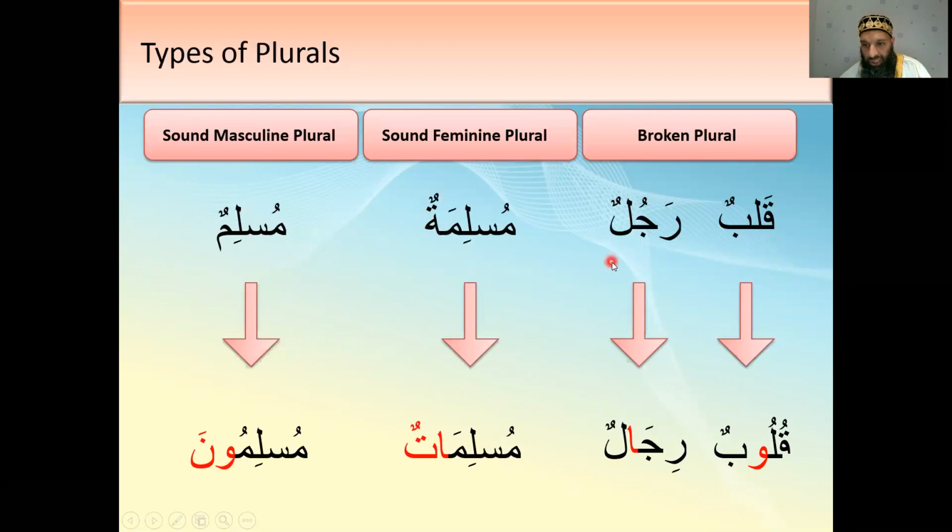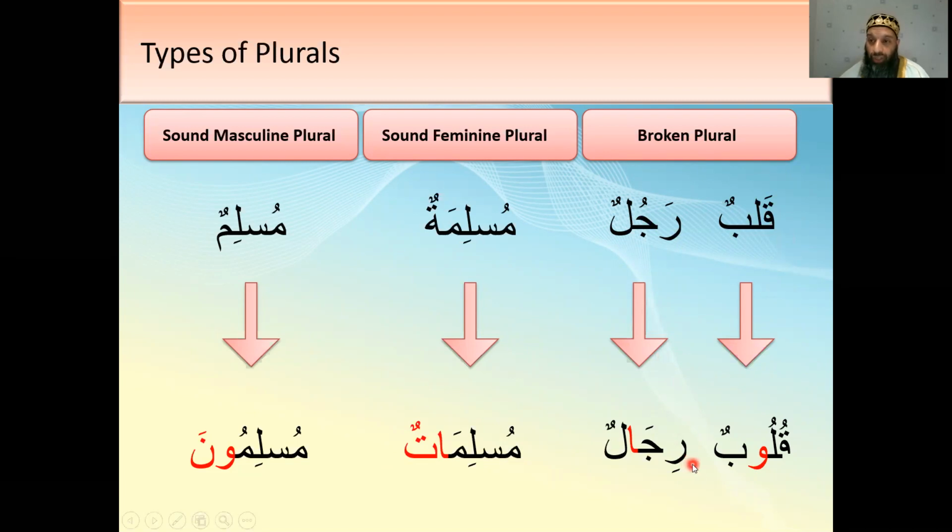Muslimatun is sound feminine, because it's a feminine word. Muslimatun means a female Muslim. When that becomes a plural, it becomes muslimatun. We will learn the pattern, inshallah. And then there are broken plurals. Rajulun becomes rijalun. Qalbun becomes qulubun.